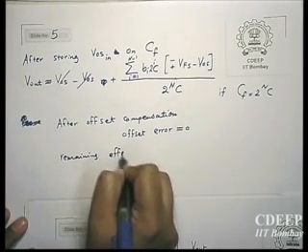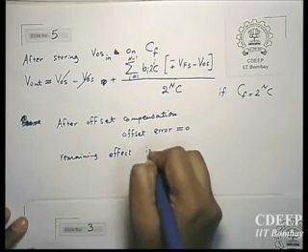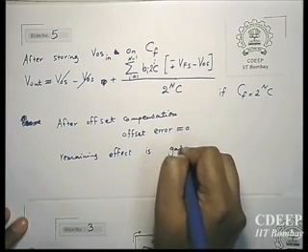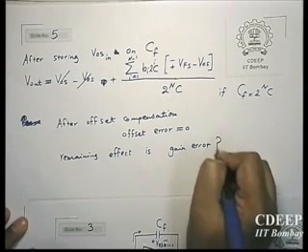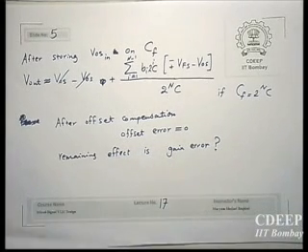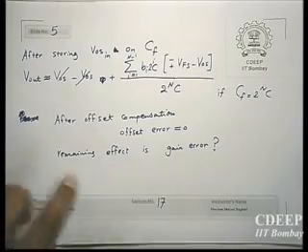Remaining effect is gain error. But only this needs to be proved. See, intuitively you can see it is gain error.